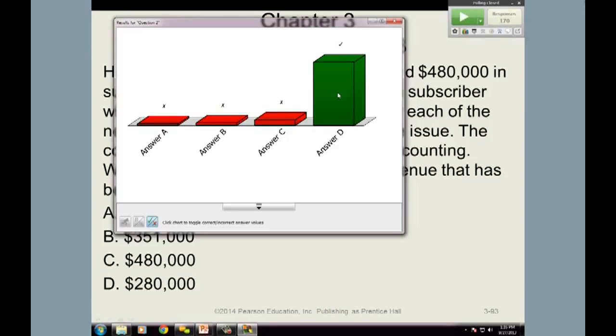What's the first thing you have to do? Anybody? Good. Right? You have to find out the monthly rate. So in this case, that comes out to 40, right? All right, how many months?